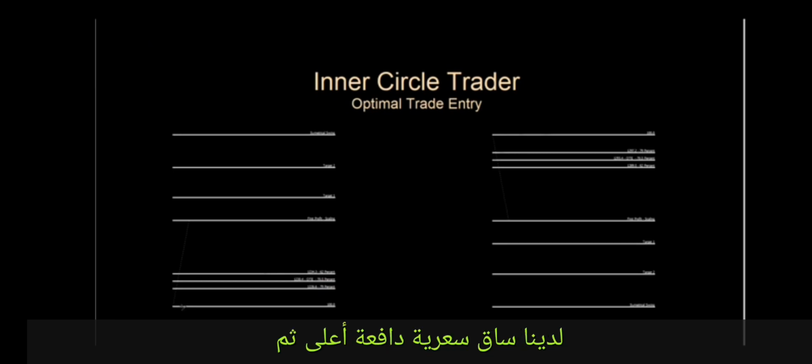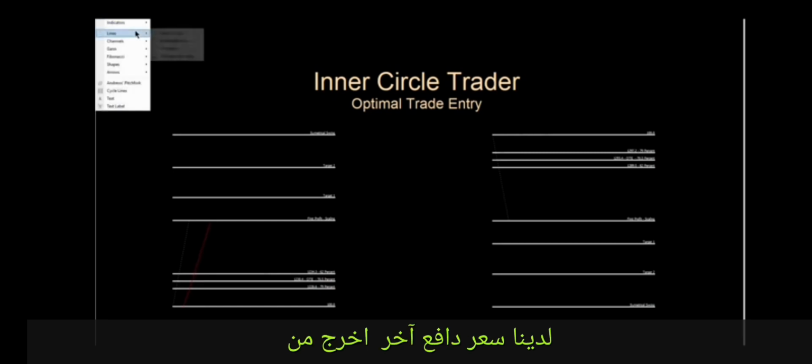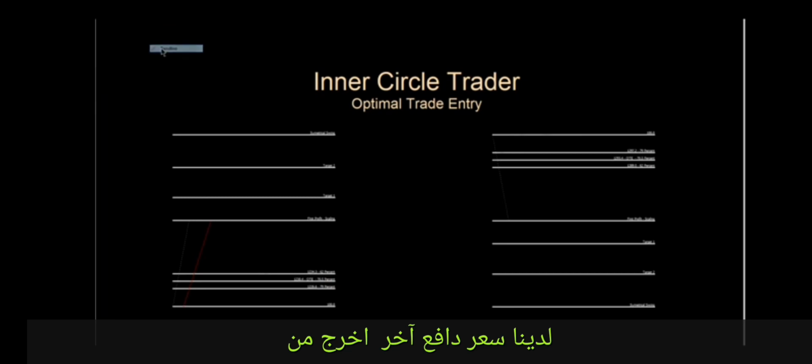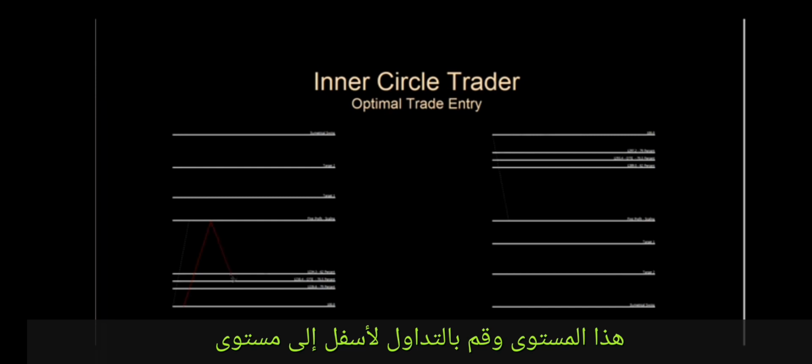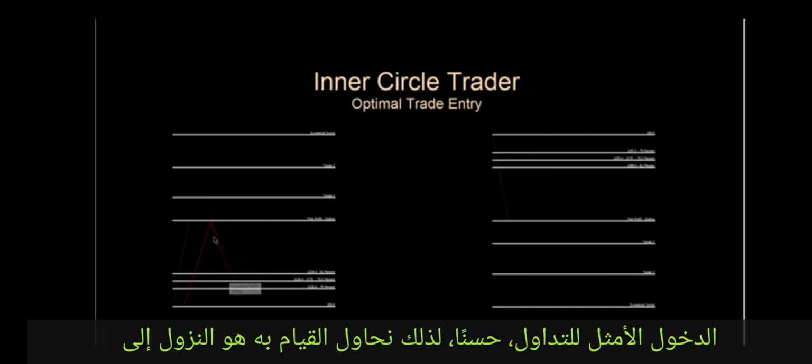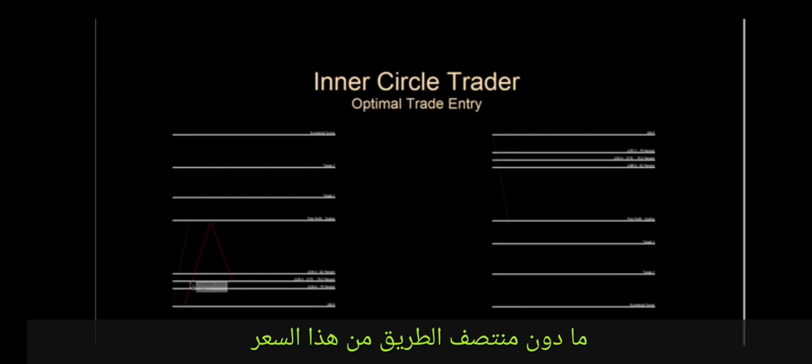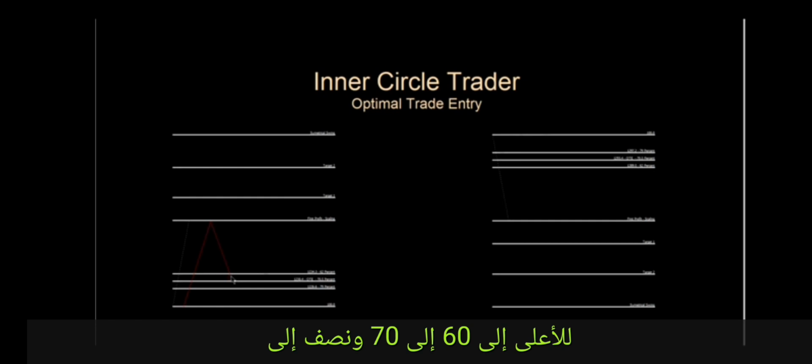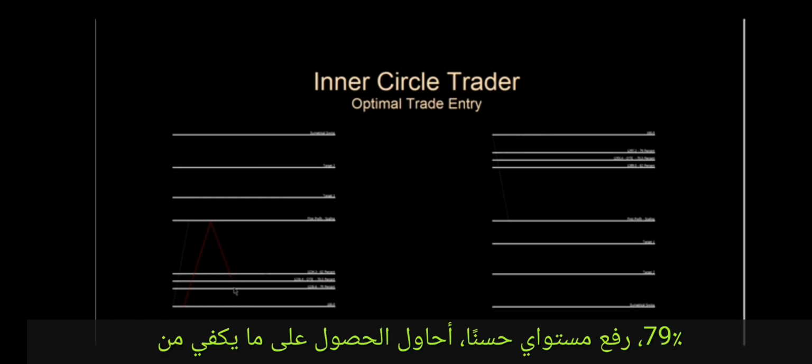Okay, we have an impulse price leg higher, and then we have another impulse price leg off that level and trading down into optimal trade entry. So what we're trying to do is get below halfway of that price leg higher down into 62, 70.5 to 79% retracement level.